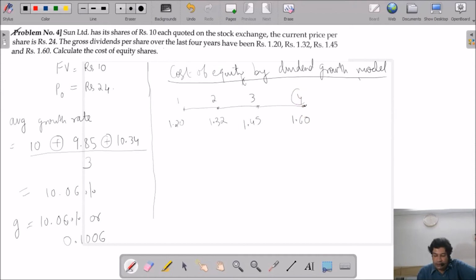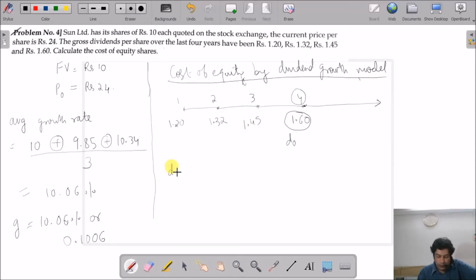Now this is the dividend of the last year. We need to find the future dividend. So this dividend 1.60 is called D0, and you know that in the dividend growth model we need to find the future dividend. So what we are going to do is we are going to find the future dividend.